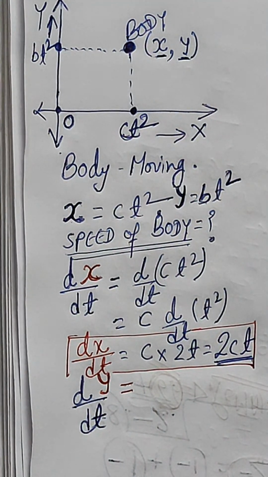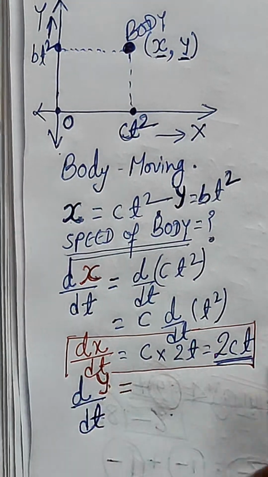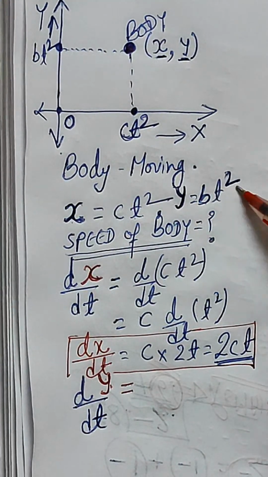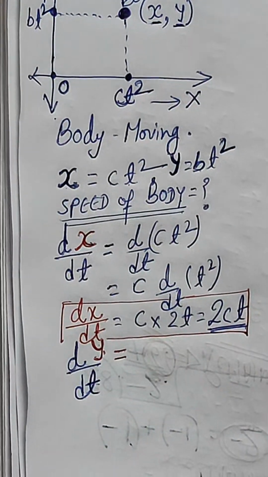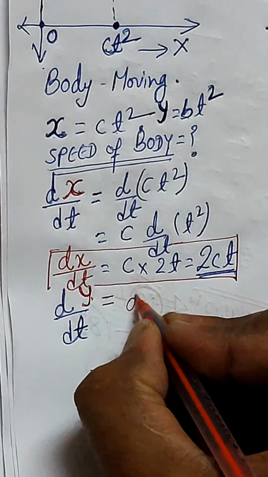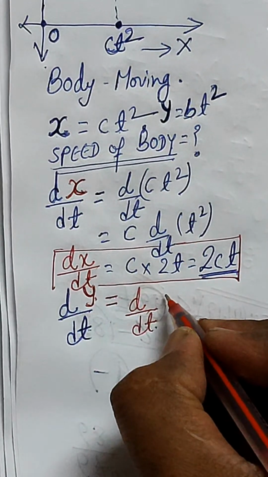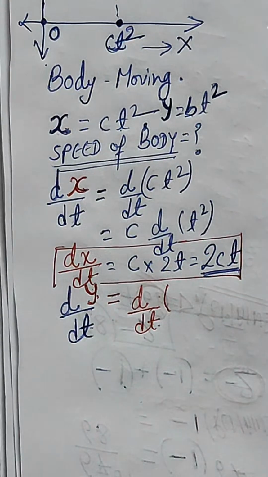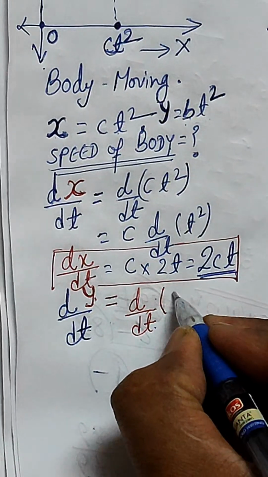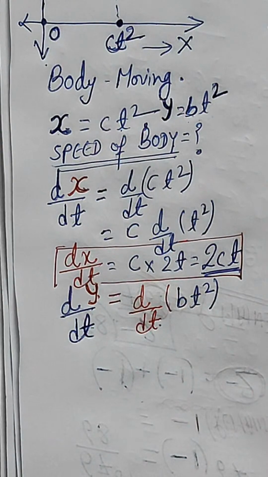Now the same will be happening with the y component, and the value of y is given to you as bt², you can see, right? So let me slightly move it up. So d by dt, that you need to differentiate the y component. The y component is bt². So just put up the value bt², right?